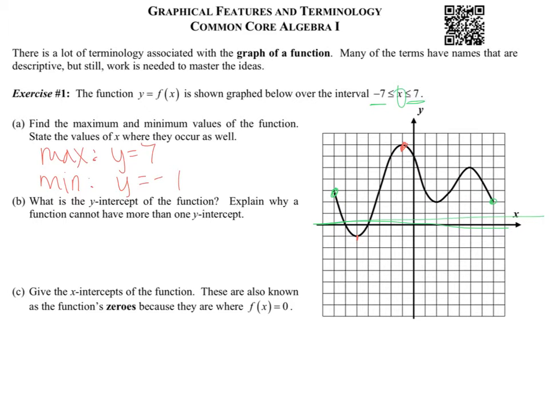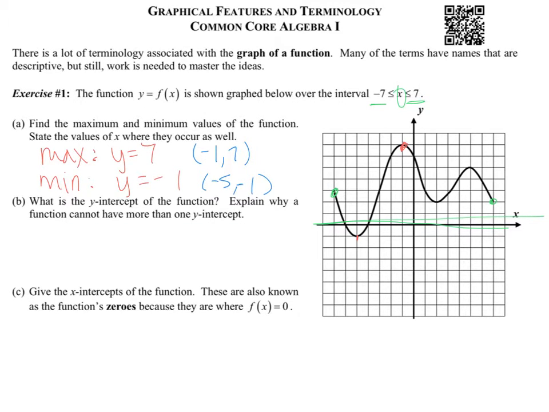The other part that it's saying is state the values of x where they occur as well. So for the maximum, that was when x was -1, y was 7. And for the minimum, that's when x was 5, y was -1.